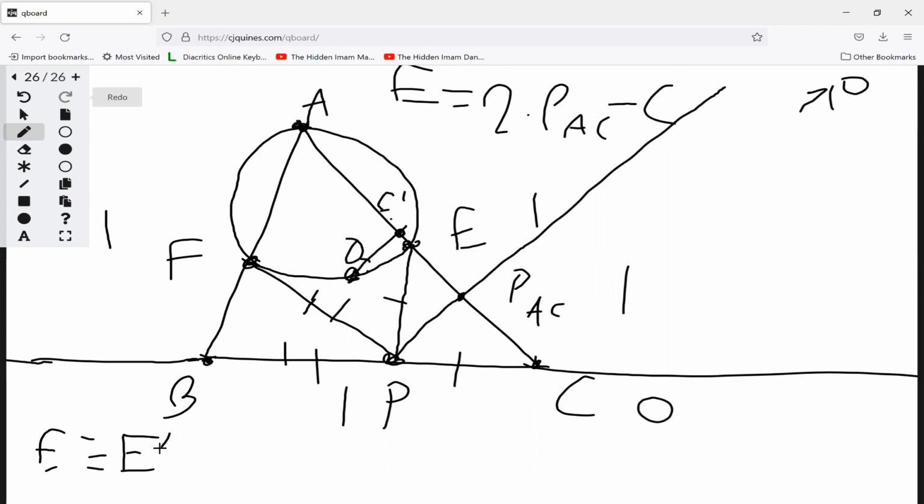So can we just show that E prime has degree 1? Can you just show that E dash is degree 1, which suffices? Well, if E dash is degree 1, there are a lot of degree 1 points on line AC.